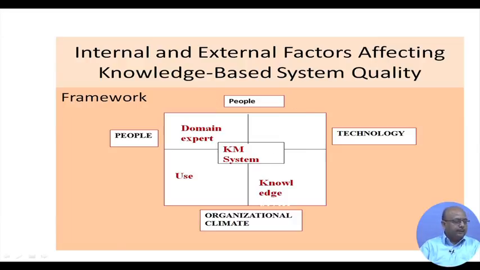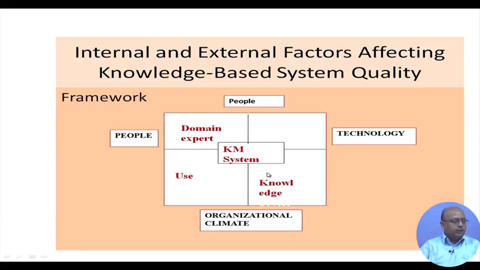Now, if you look at this, the factors which are going to affect the surrounding include what? People, technology and organization, right. So, here you have domain expert, here you have users, here is this knowledge. Okay. This is the technology, right. Now, if you look at this, these are the internal factors, and these are the external factors.